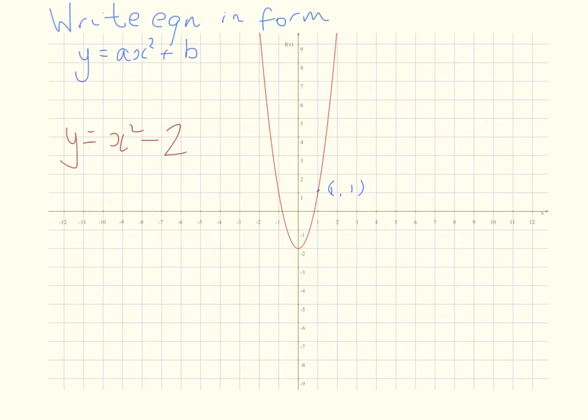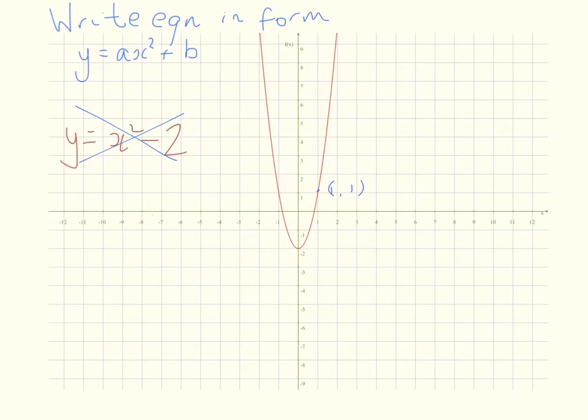This would be incorrect, because we have been given some additional information. And because of this, the coefficient of x squared is not going to be 1. So we need to find out what that a will be.